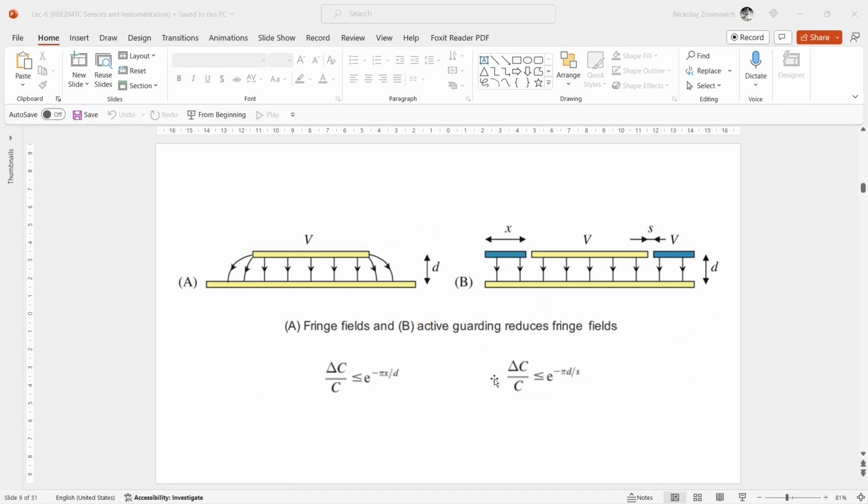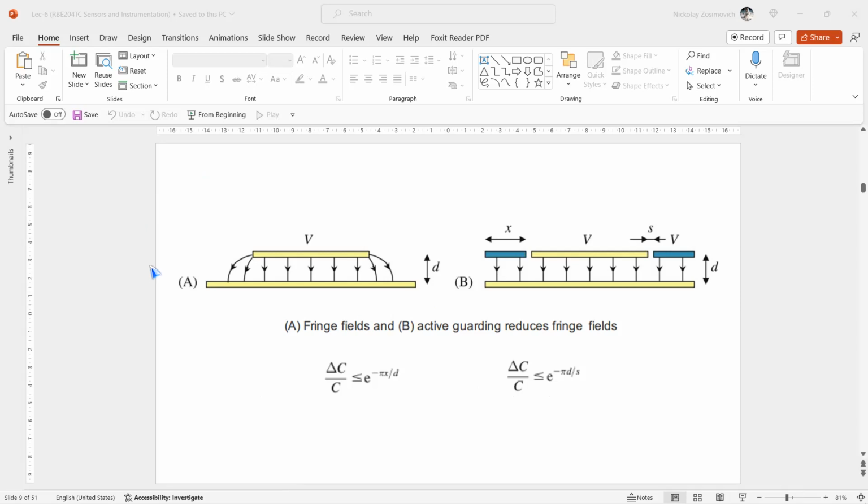The effect of stray fields can be reduced by the application of guarding. One electrode is grounded, and the other active electrode of the capacitor is completely surrounded by additional conducting electrodes in the same plane and isolated from the active electrode, as you can see on figure A. The potential of the guard electrode is made equal to that of the active electrode, or active guarding, using a buffer amplifier.